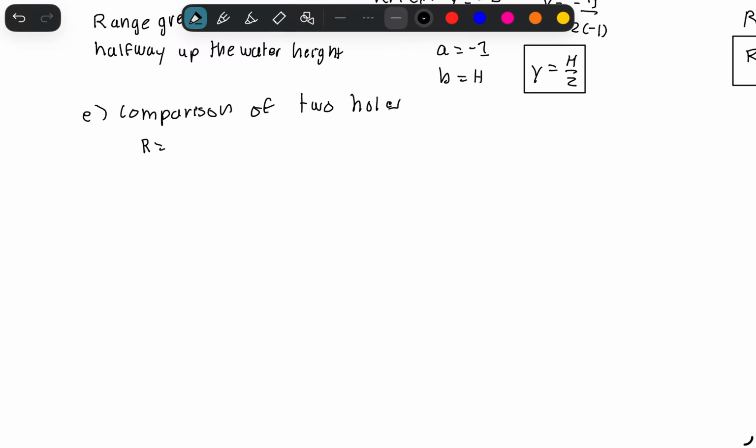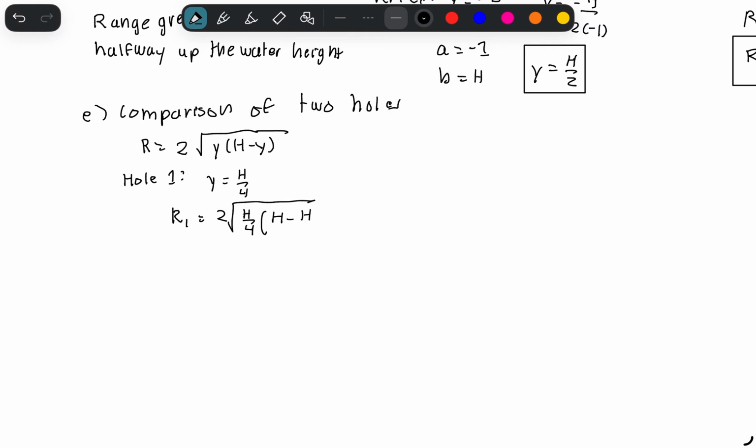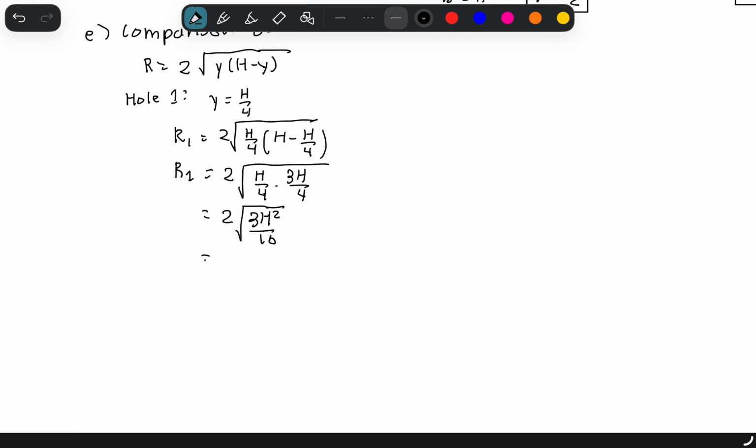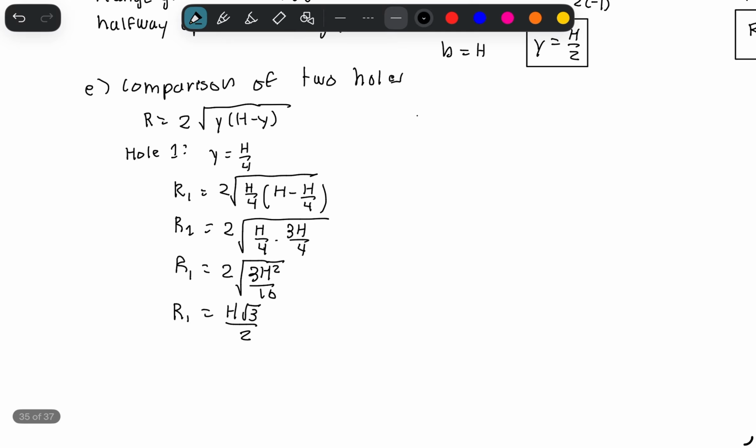So we're going to use our range formula for both of these comparisons. That's R1. So you're going to have R2.